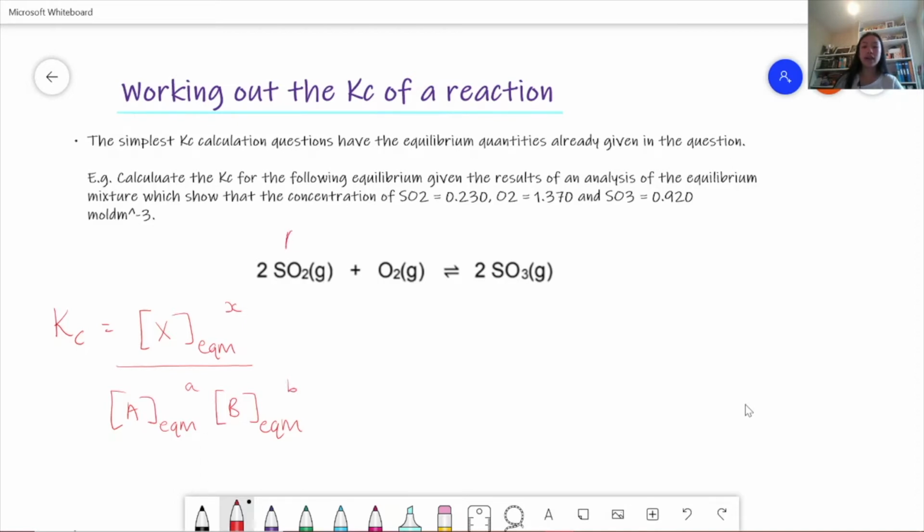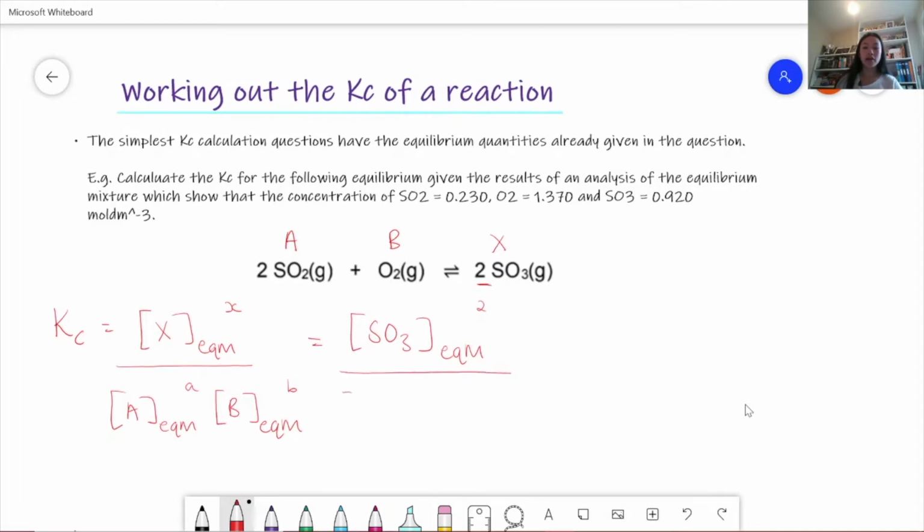So if we call this A, this B, and this X, we should be able to find this. That means we're finding the concentration of SO3 at equilibrium and then multiplying it by 2, because this is the amount of moles of SO3 we have.